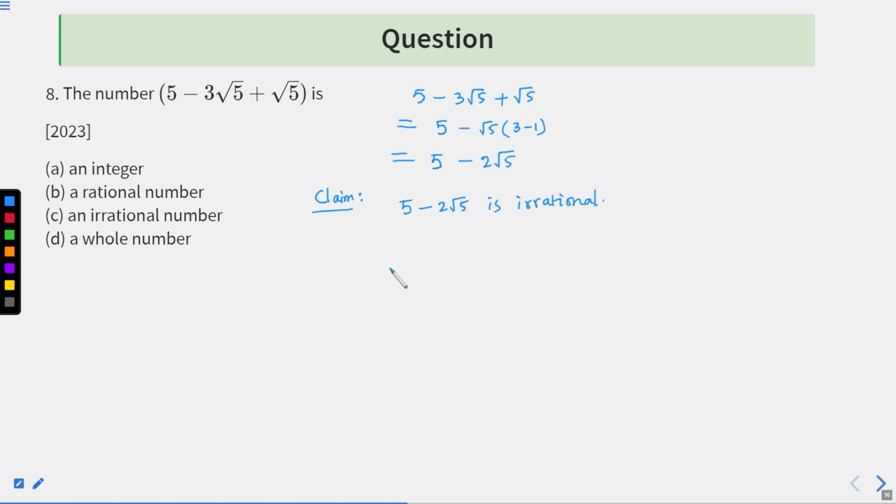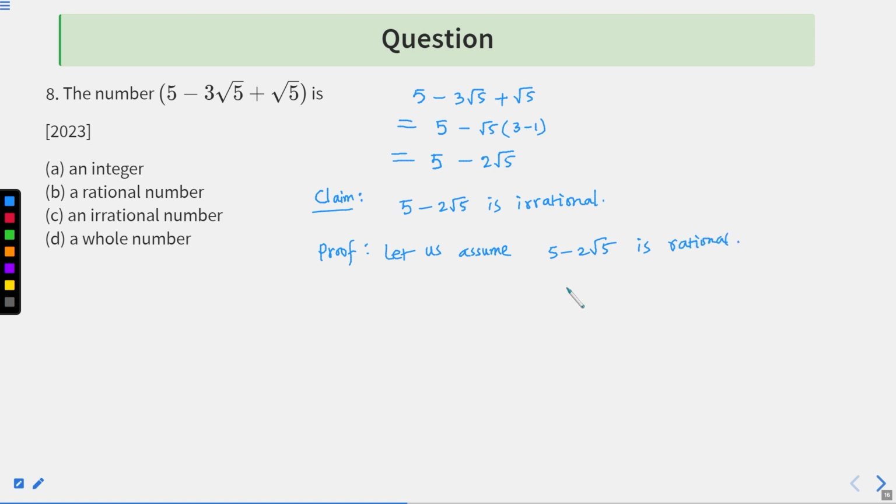Now the proof. We'll prove it by the method of contradiction. First let us assume that 5 minus 2 root 5 is a rational number.